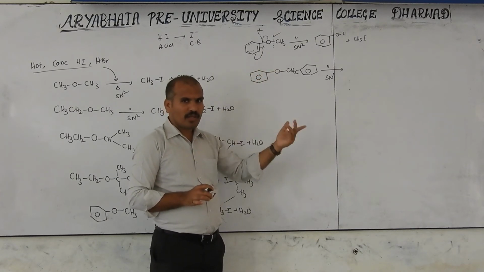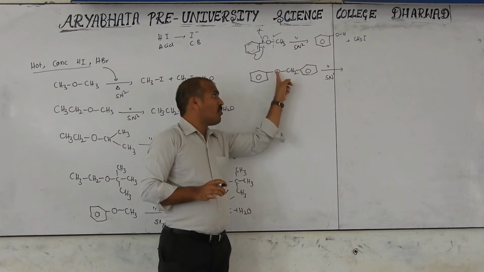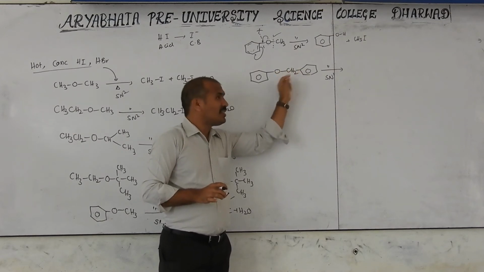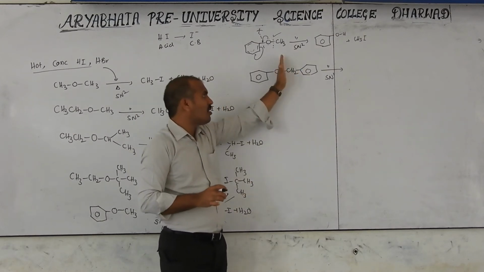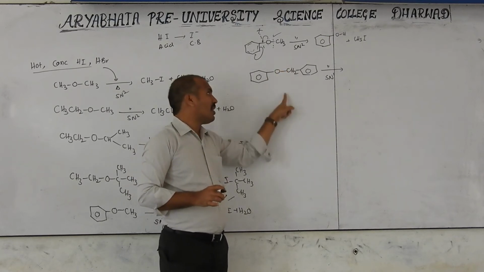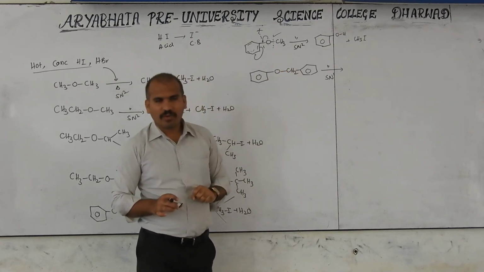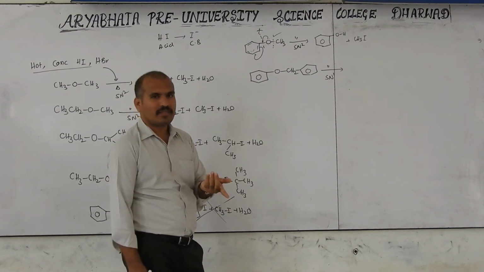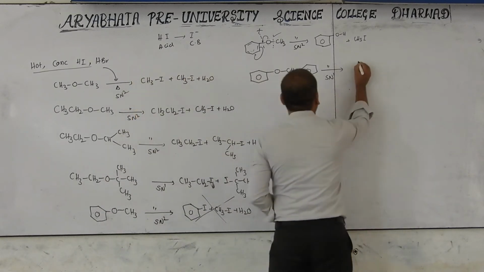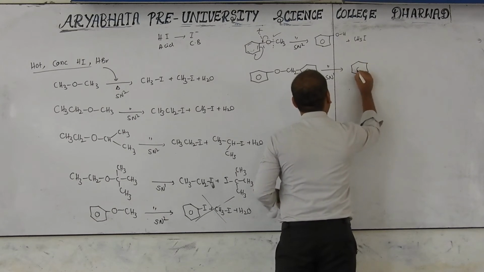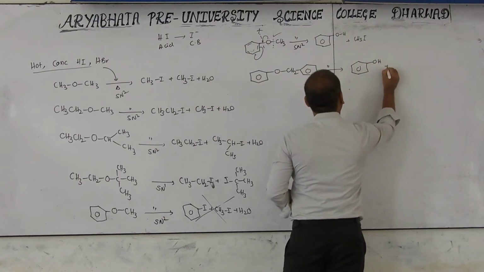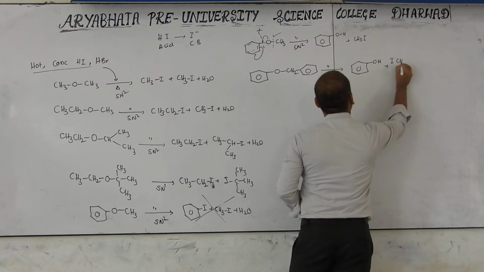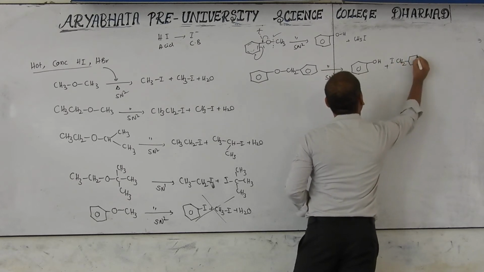Then which side is possible? Here benzene is not directly bonded to the oxygen. In between, one CH2 group is there. So this bond breaking is possible. If this bond breaks, then it forms which type of carbocation? Benzyl carbocation. Benzyl carbocation is more resonance stabilized. That's why we will get OH here and ICH2 like this.